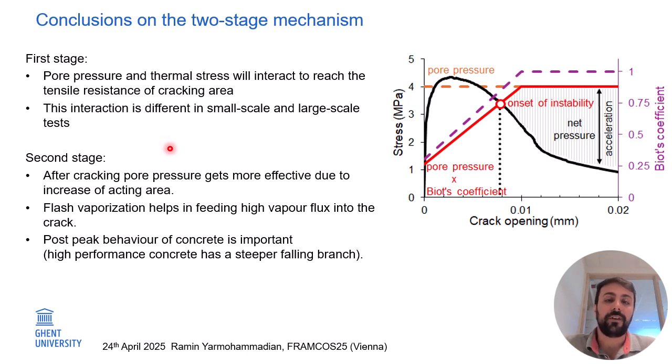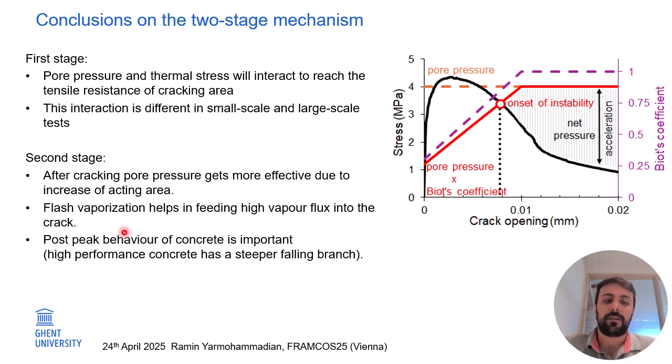So if we have water there, if we have thermal energy there, we can have an unstable crack. Flash vaporization, as we call it, in which a very short layer of concrete vaporizes the water very fast, helps in instability.